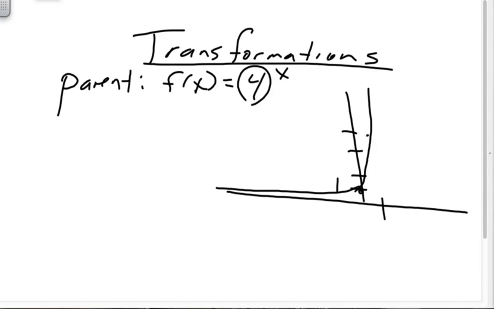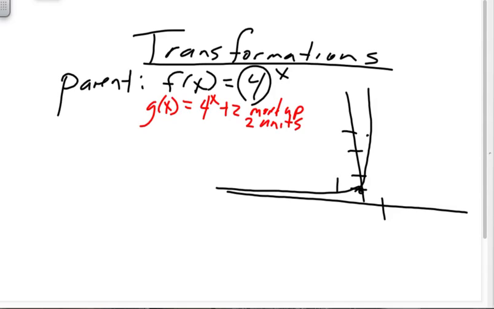So now let's take a look at g of x, which will be 4 to the x plus 2. So this has been moved up 2 units. We talked about this in the first chapter, these transformations. And the same rules hold true for these transcendentals like exponentials.